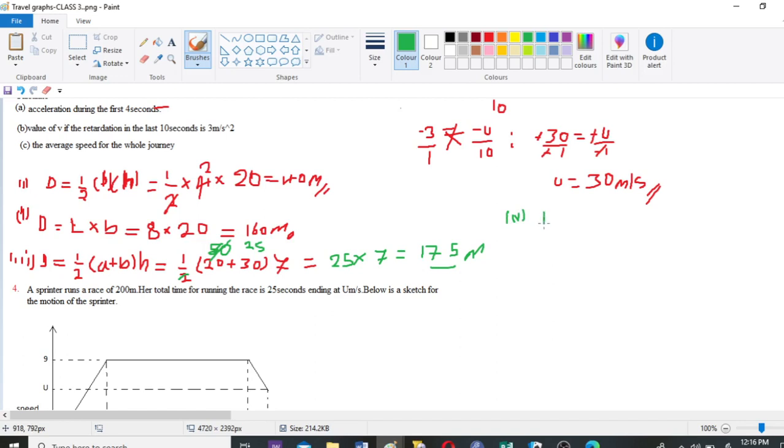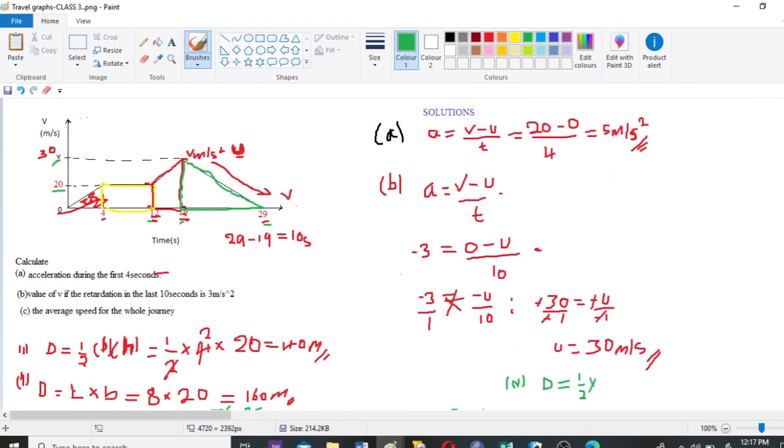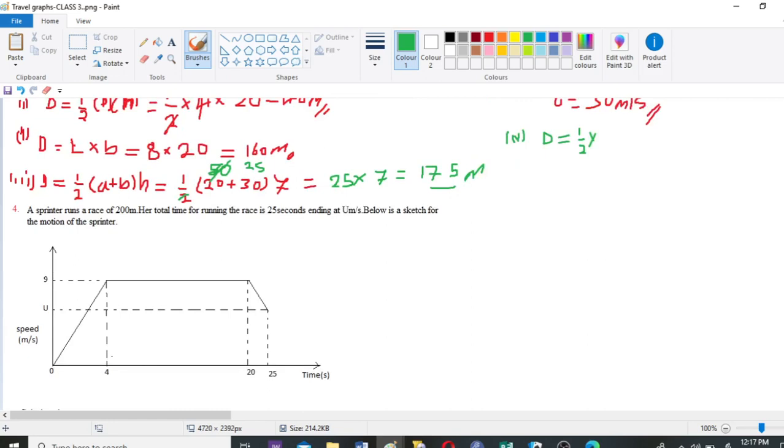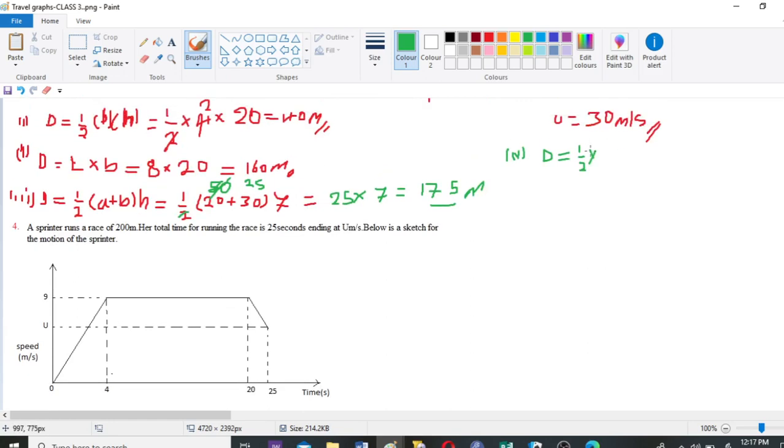Our triangle there, the formula, you know it, it's half by our base in the last triangle there. Our base is 10, that is 29 minus 19, you have 10. Our height is 30. So half multiplied by 30 multiplied by 10.